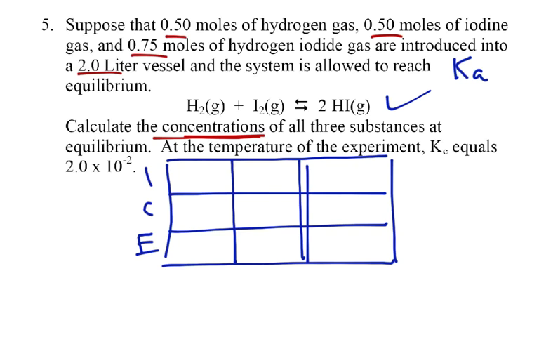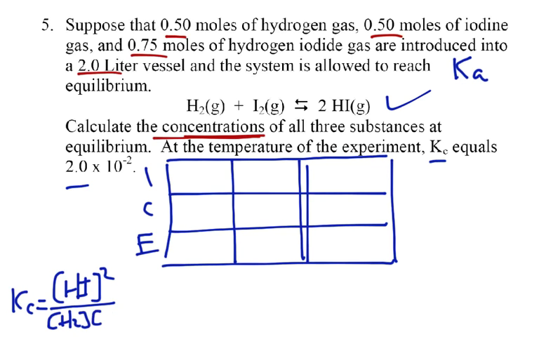In the ice box, we have a column for each chemical in here. The other thing we want to do is to write the K. Are we given a K? Yes. Here the Kc is 2 times 10 to the minus 2. So let's write that down: Kc equals the concentration of HI squared over H2 times I2, and that equals 2 times 10 to the negative 2.